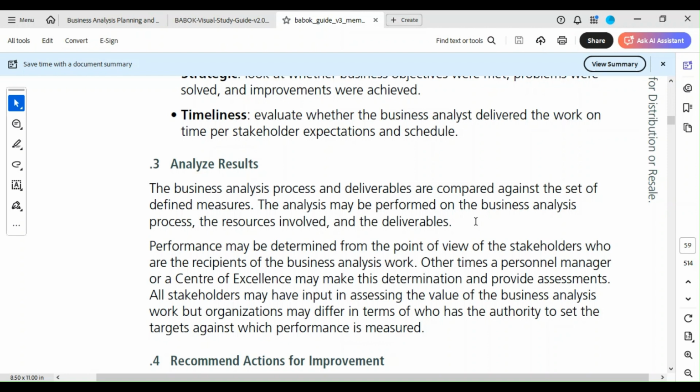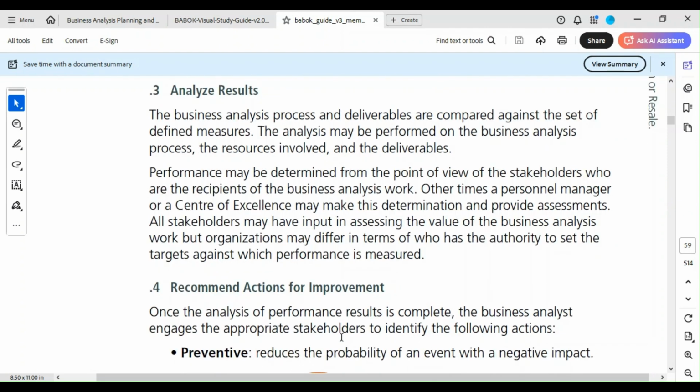All stakeholders may have input in assessing the value of business analysis work, but organizations may differ in terms of who has the authority to set the target against which performance is measured. So when it comes to measurement, it varies by organization or group, but there is someone who should set that.